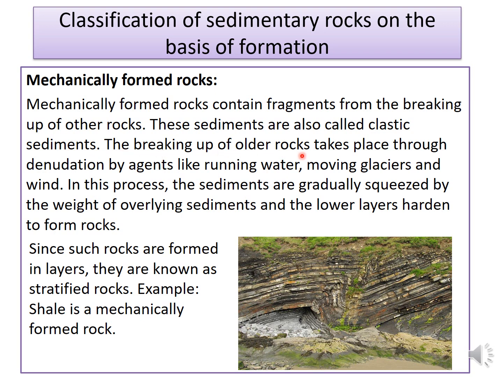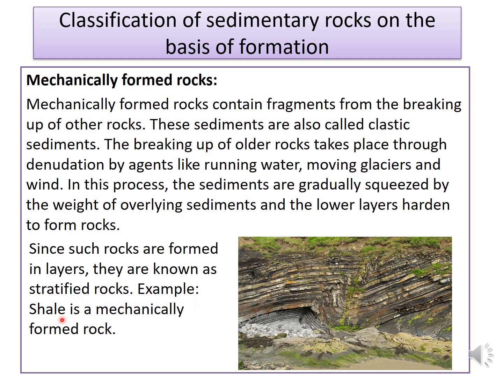The breaking up of older rocks takes place through denudation by agents like running water, moving glaciers, and wind. In this process, the sediments are gradually squeezed by the weight of the overlying sediments and the lower layers harden to form rocks. Since such rocks are formed in layers, they are known as stratified rocks.